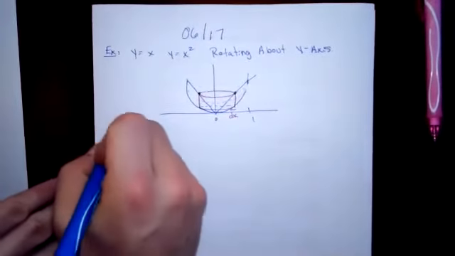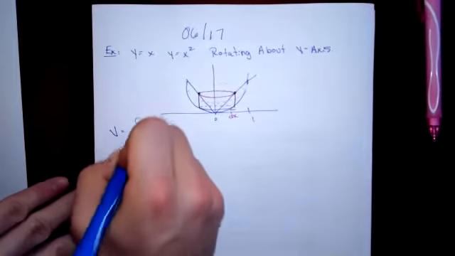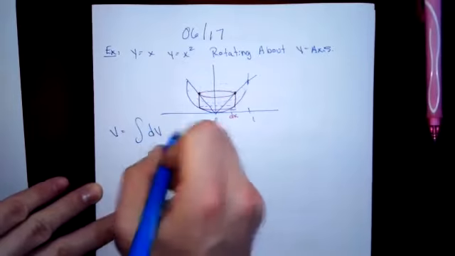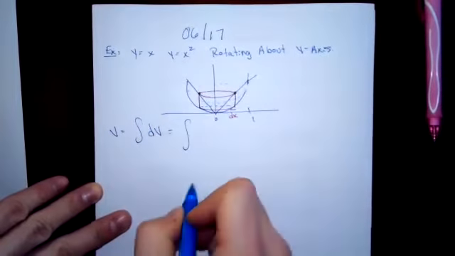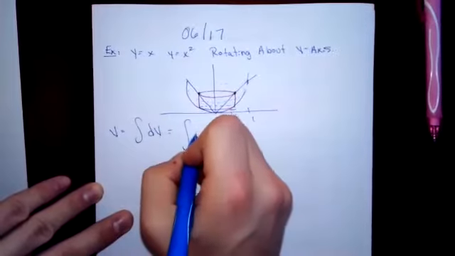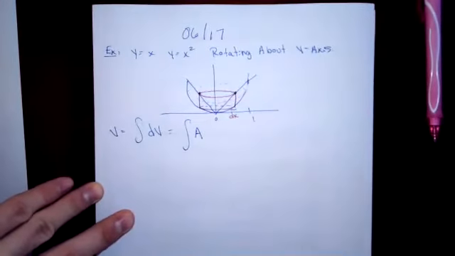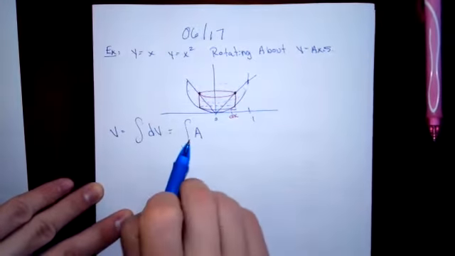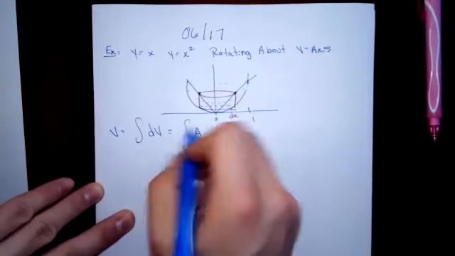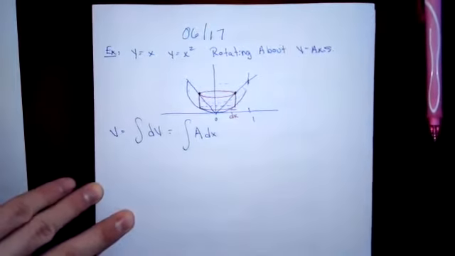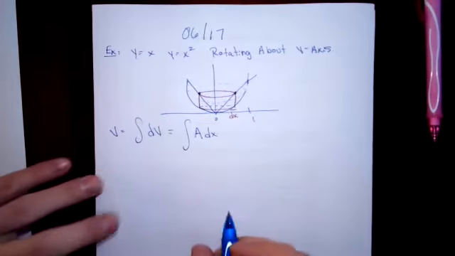So our volume, again, is the integral of dV. And so what is the dV? It's really the surface area of these tin cans, of these shells, and then they have a thickness of dx. And so what is our area?